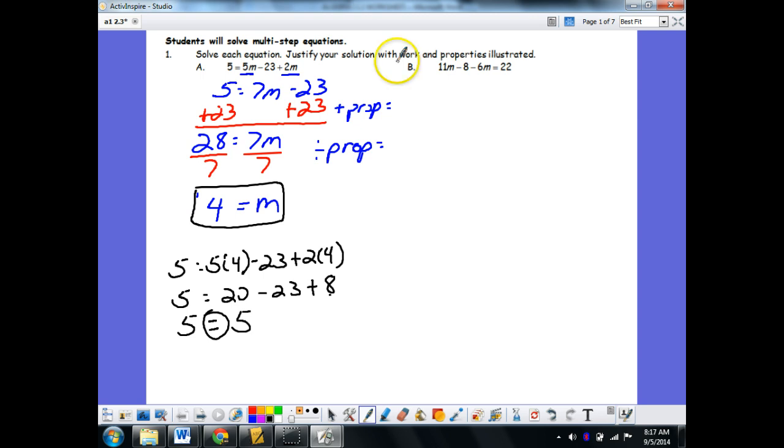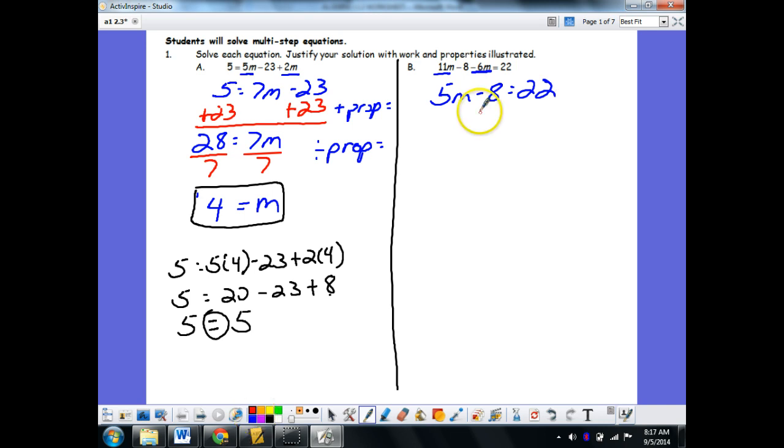In the second example, in B, we're going to combine like terms again. The 11m minus 6m, that leaves us with 5m minus 8 is equal to 22. And then we're going to solve the subtraction next by adding 8 to both sides. And again, that is the addition property of equality.